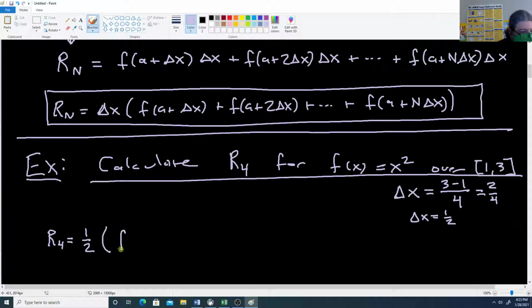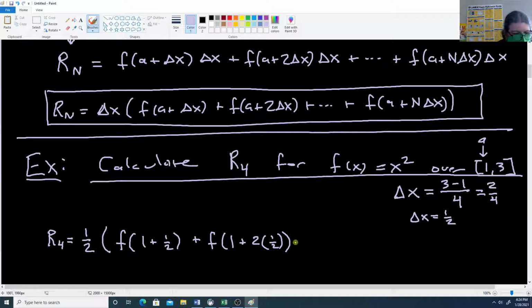And then I get times f of a, where a is the left endpoint of the interval, so it's 1 plus a single delta x, so it's 1 plus a single half. That'll be the height of the first rectangle, plus f of 1 plus 2 times a half.